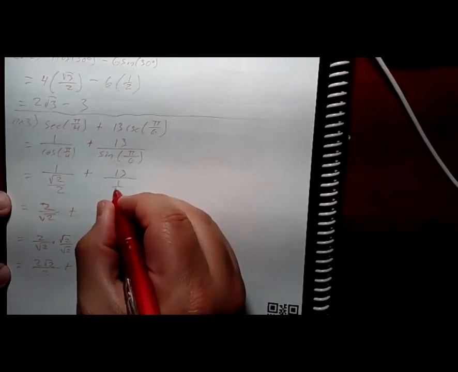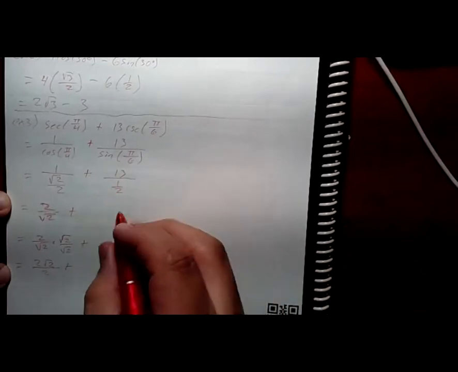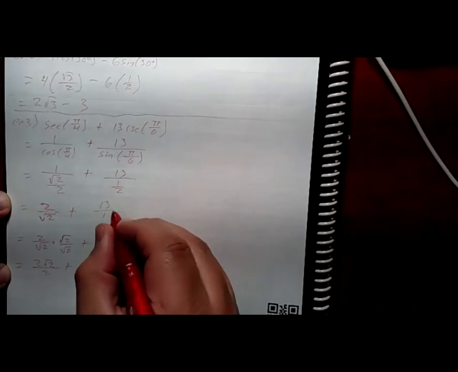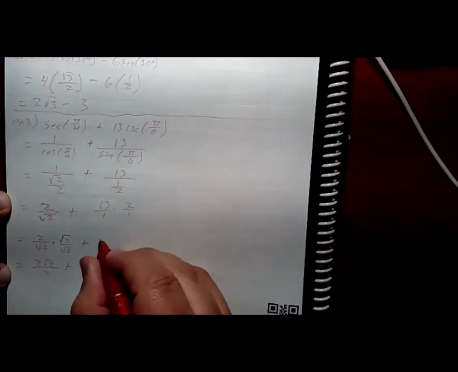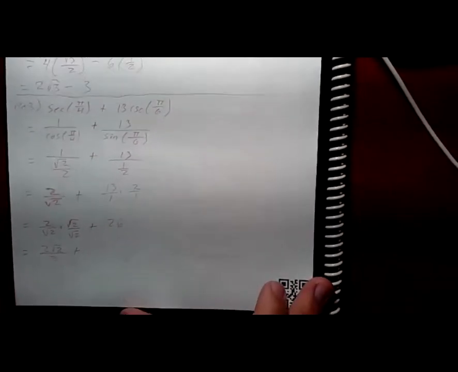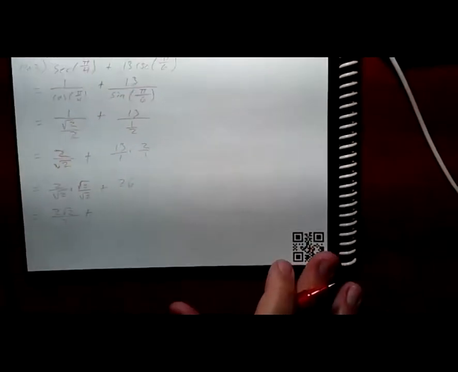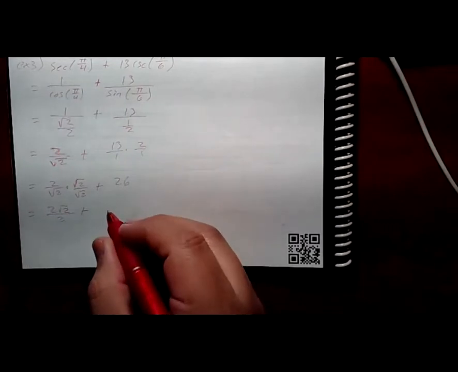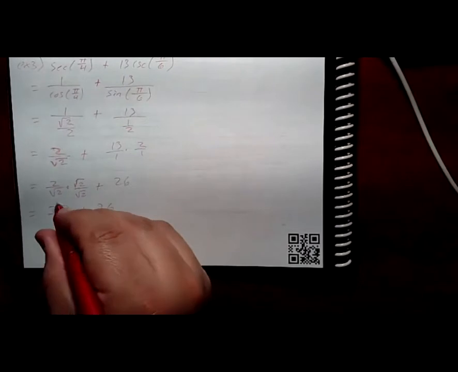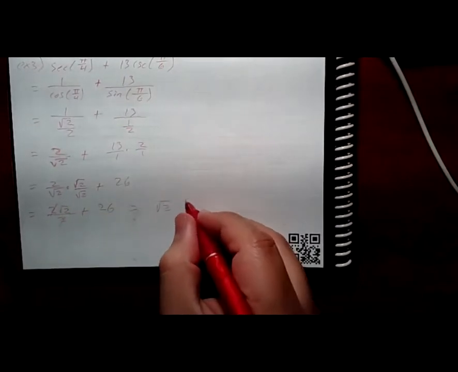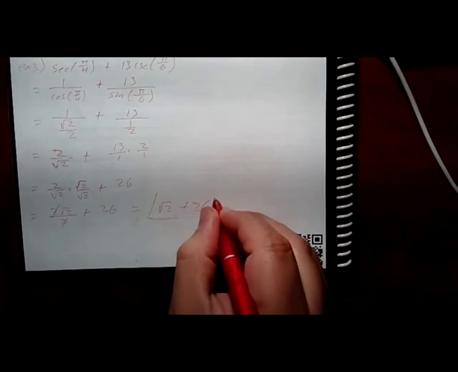So this will be 1/2 right there, which will flip over and give you 13 over 1 times 2 over 1, which will give me 26. So rationalize that guy. These cancel, giving me root 2 plus 26. This is the answer.